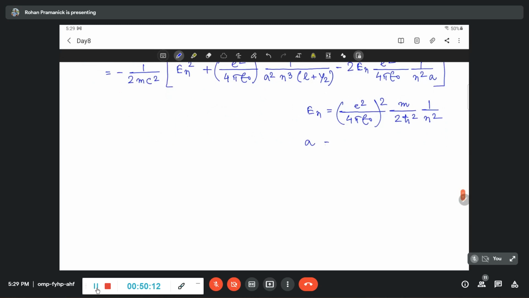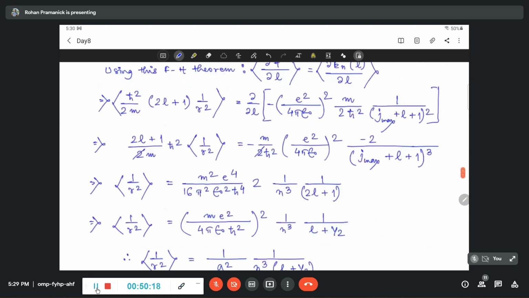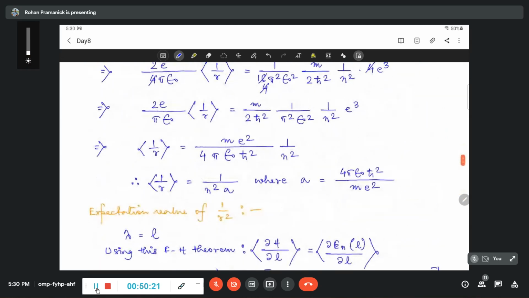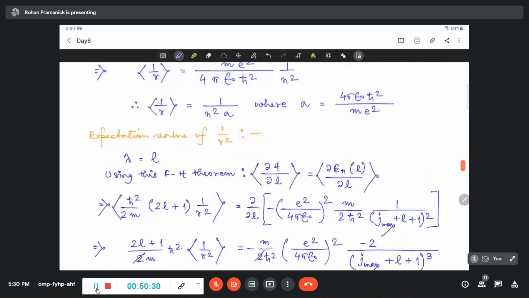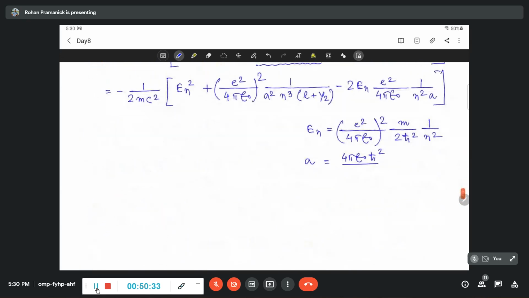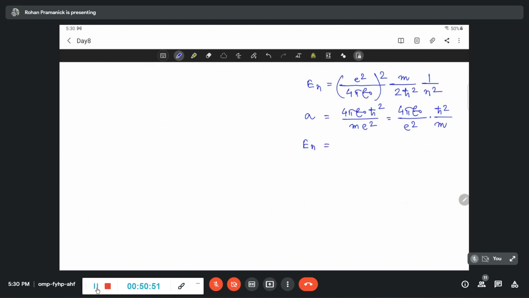And a was defined as 4 pi epsilon 0 h cut squared by m e squared. So this is 4 pi epsilon 0 by e squared times this h cut square by m. So then En can be written as e squared by 4 pi epsilon 0 whole squared, right?